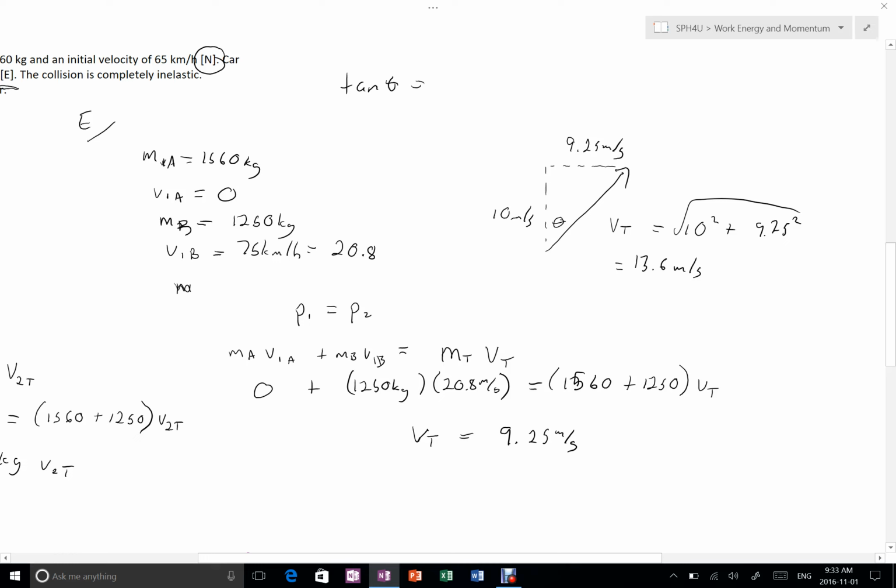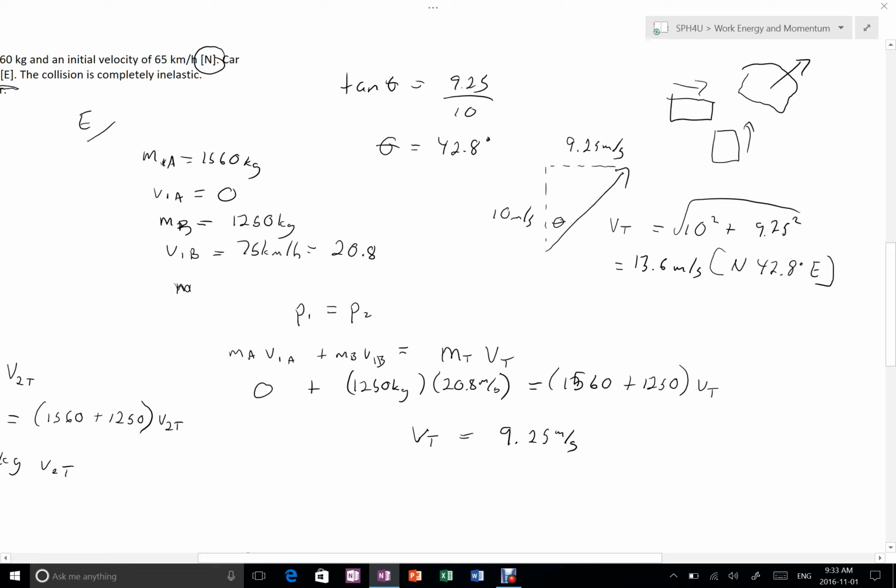Tan theta is equal to 9.25 divided by 10, which gives 42.8 degrees. So north 42.8 degrees east. So when the cars came into the intersection like this, they crumple together as one big object, and they come out at 13.6 meters per second, north 42.8 degrees east.